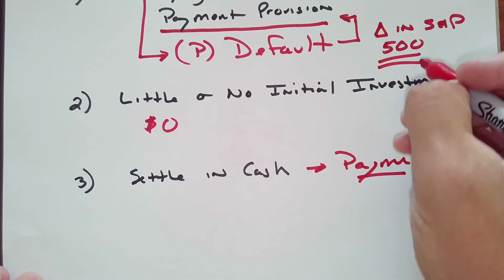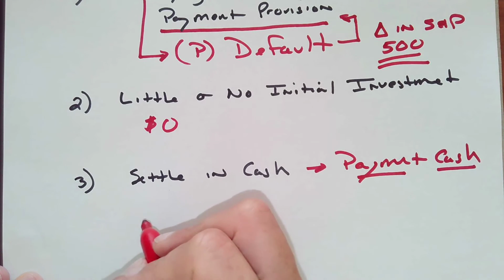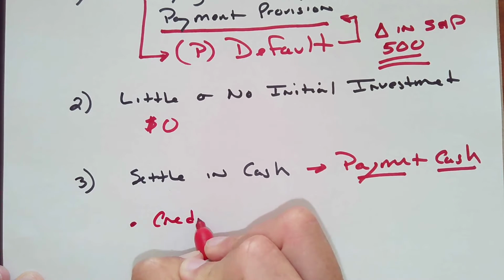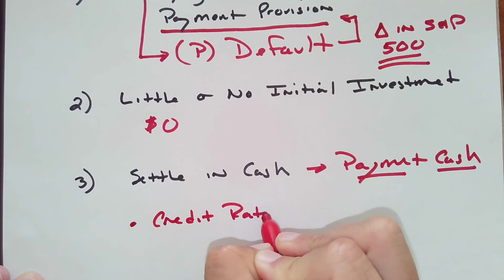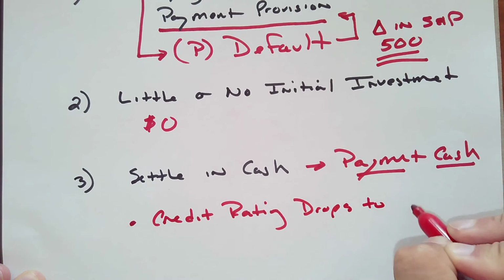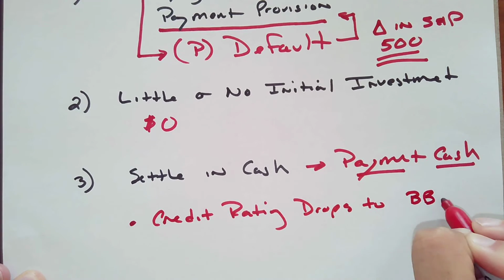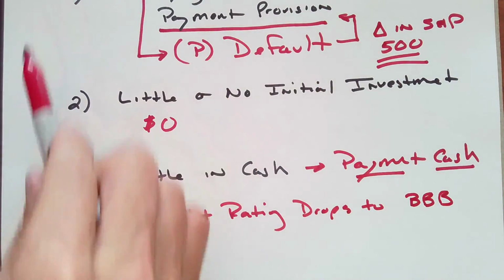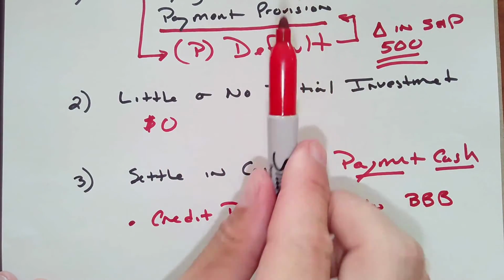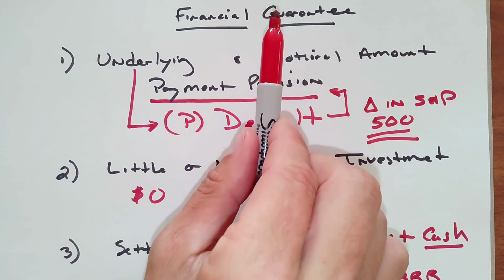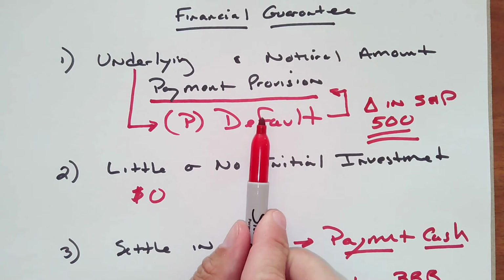If they change this to the credit rating, I'll put it down here: the credit rating drops to BBB. Because you get the exception treatment if and only if this guarantee is only covering actual losses incurred.